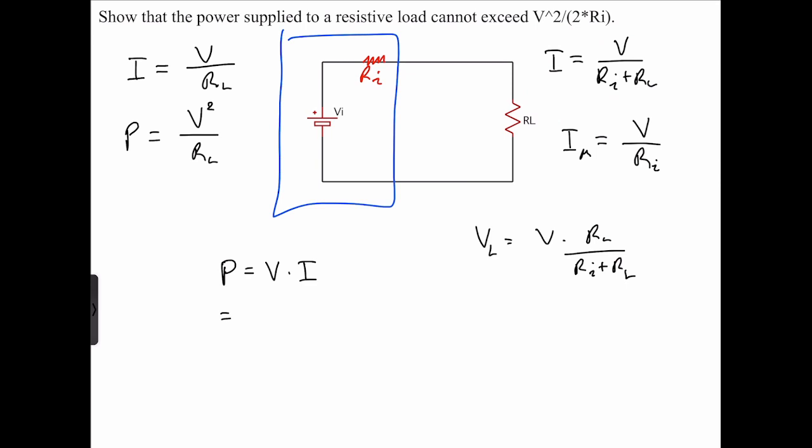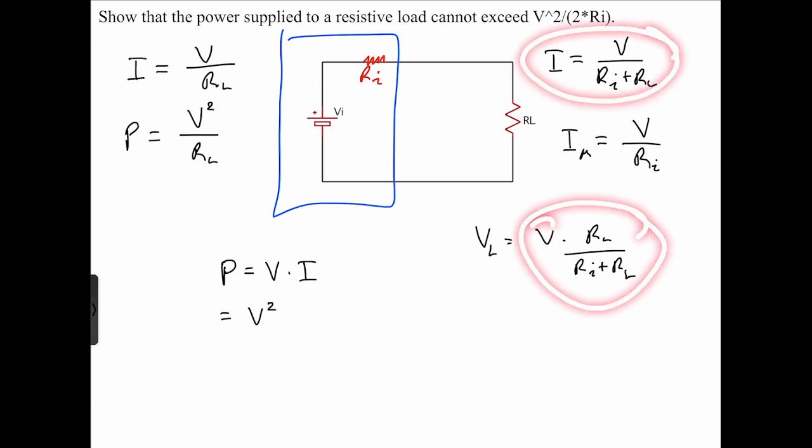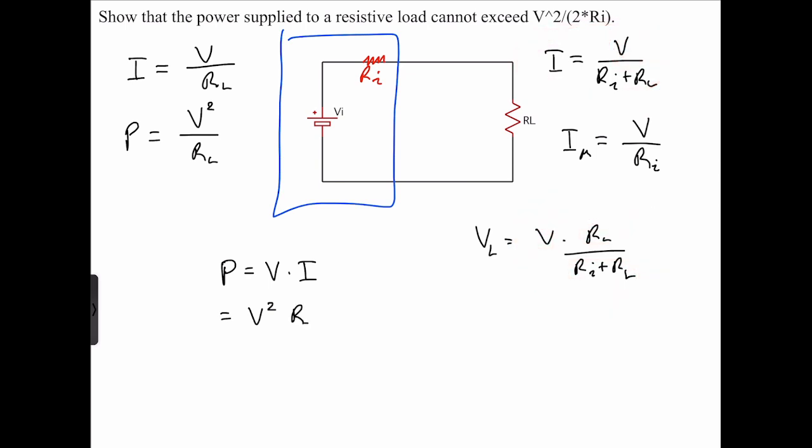So then the current becomes V over Ri plus RL. When we multiply these two expressions, we get V squared times RL divided by (Ri plus RL) squared. And that gives us the power delivered to the load.